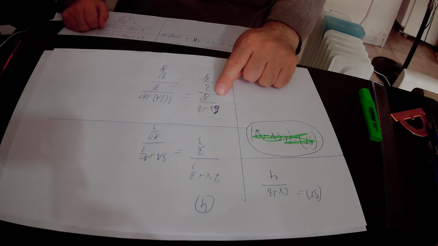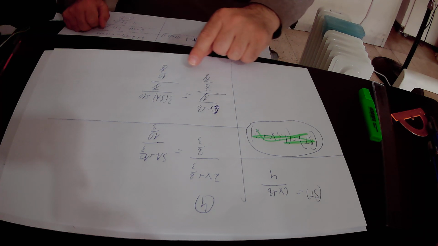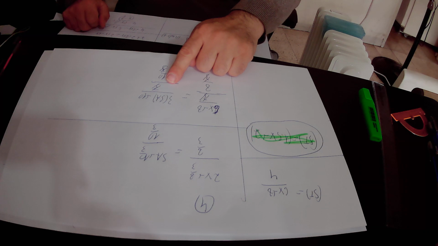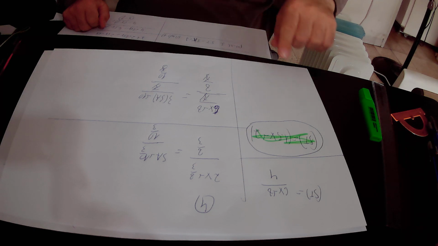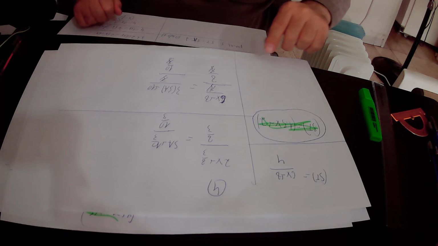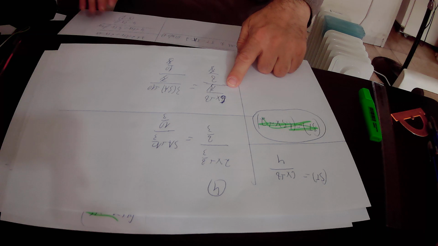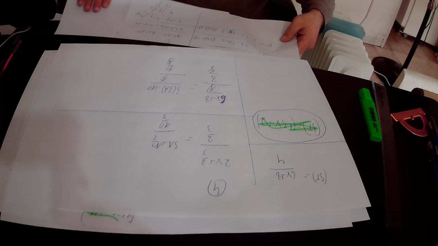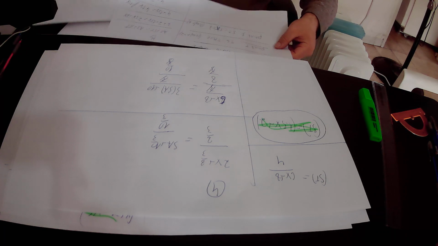On this side of the equation we have 3 in the numerator and 3 in the denominator, so 3 will get cancelled. On the other side of the equation we have 3 in the numerator and 3 in the denominator, so 3 also will get cancelled. After we cancel 3 on both sides of the equation, on this side we are left with 6x plus 8 over 8.